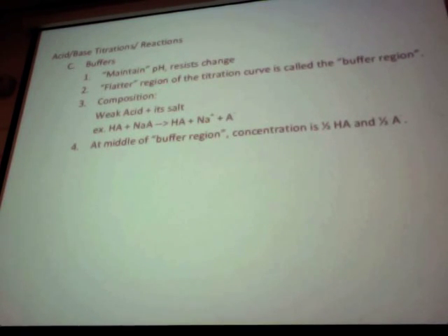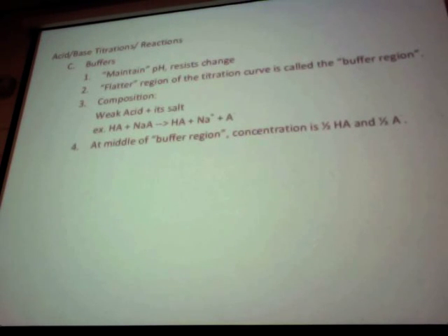So this is your buffer region. How does this work? Theoretically this is your buffer. See what happens here. To begin with, you have HA in this titration, and you are adding hydroxide.